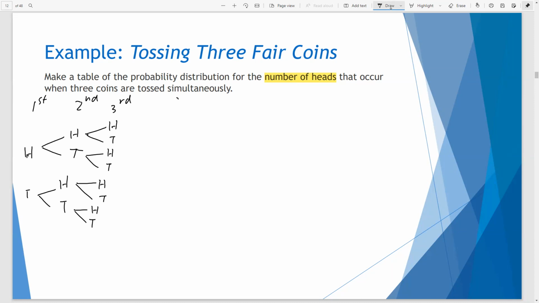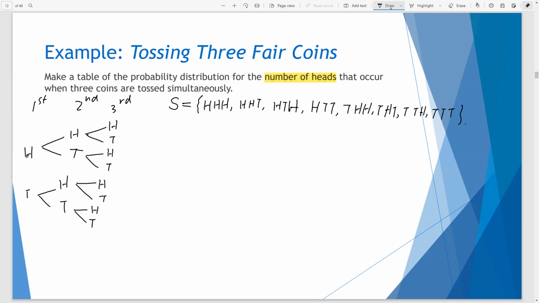So we have the sample space, usually represented by S, as a set: 3 heads; 2 heads and a tail, head, tail, and a head, head, tail, and a tail; tail, head, and head; tail, head, and tail; tail, tail, and head; and tail, tail, and tail.